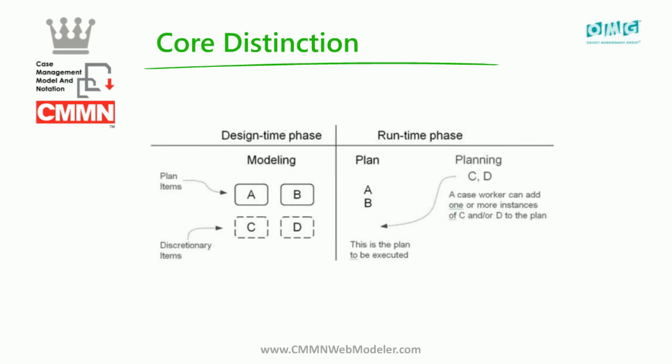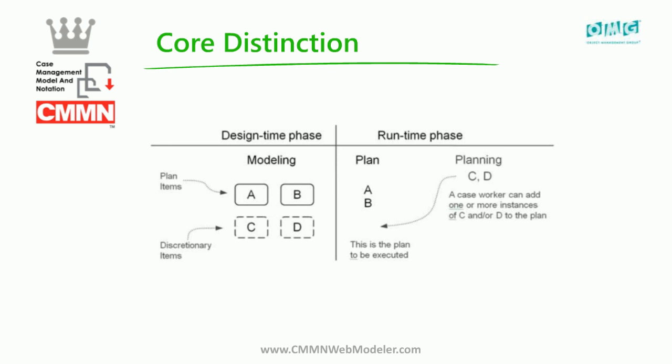But one further distinction of CMMN from BPMN is that in BPMN we do the model and then we execute the model, and it's the same pattern designed at design time that is executed at execution time.